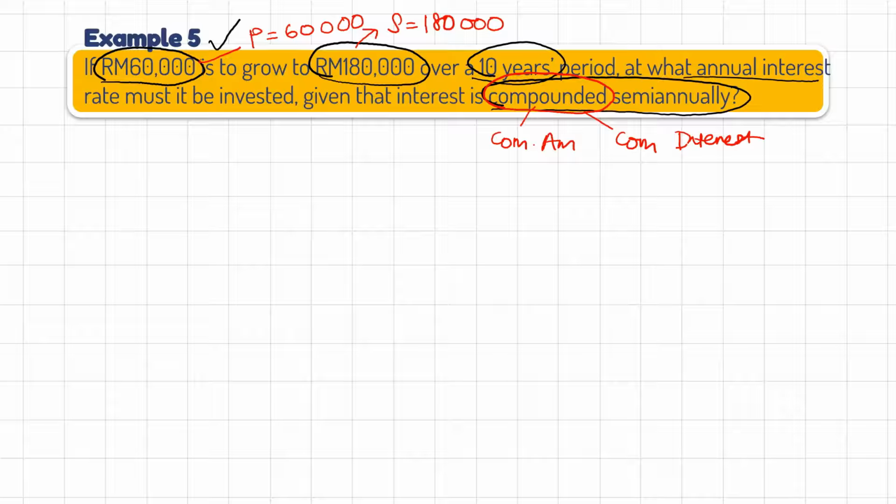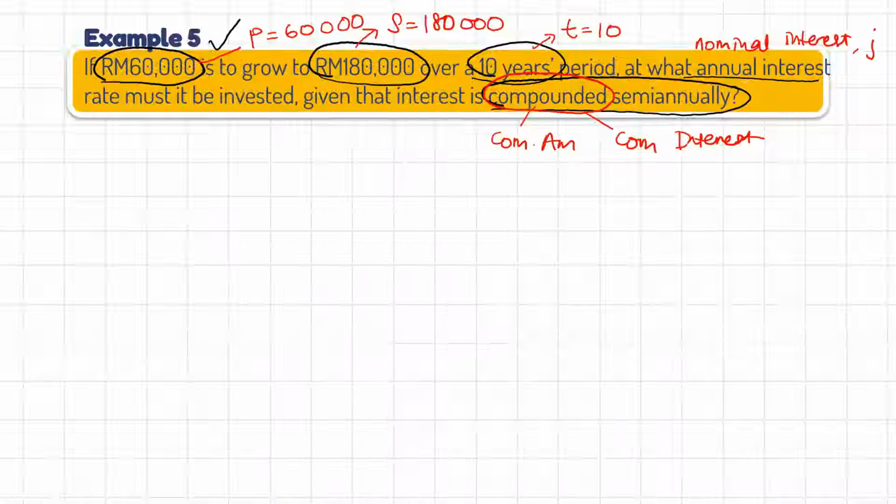Here we are given 10 years period, which means that our T is equals to 10. The question asks you to find annual interest rate. Must it be invested? So it's asking for the nominal interest rate represented by J. So we need to find the value of J. Given that interest is compounded semi-annually, which means that this will give us M equals to 2.